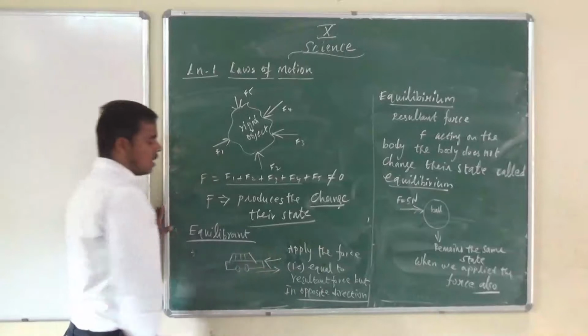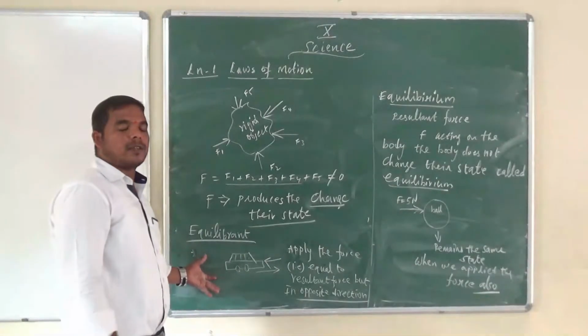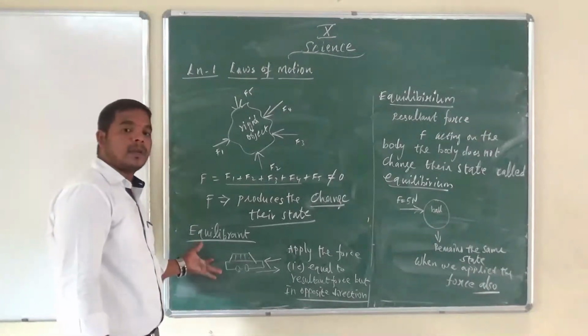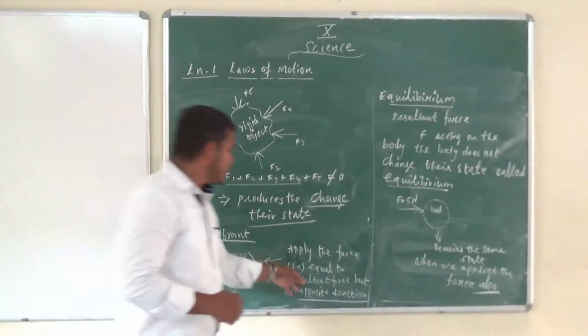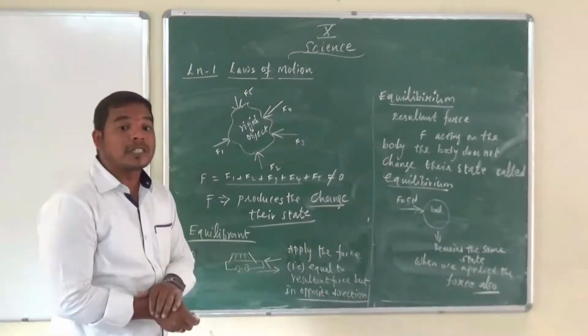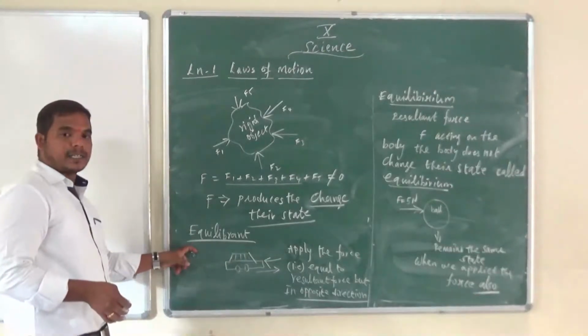This is known as equilibrium. In the book it is given: the body brought into rest is in equilibrium when we apply a force equal to the resultant, but in the opposite direction of the resultant force.